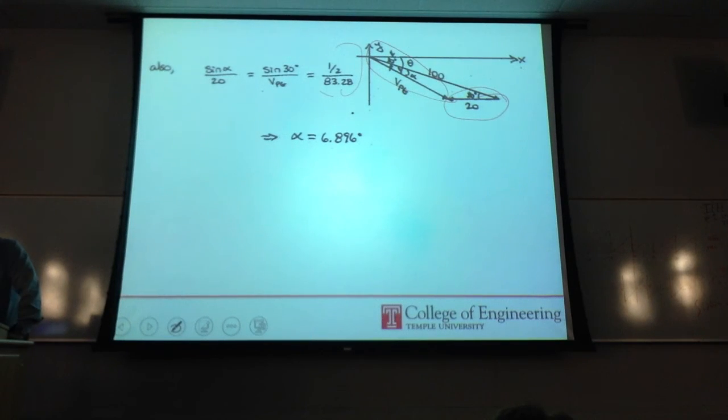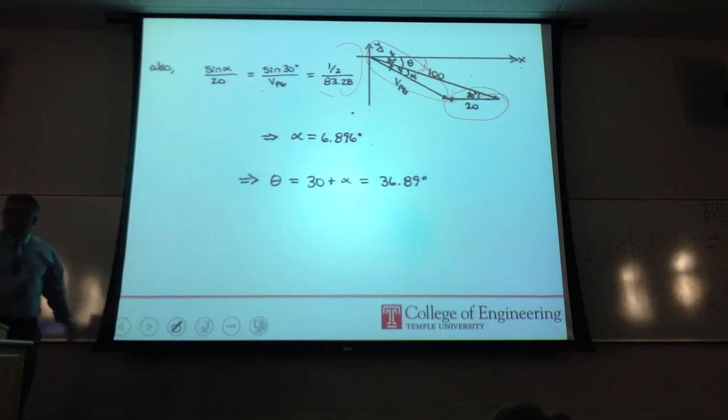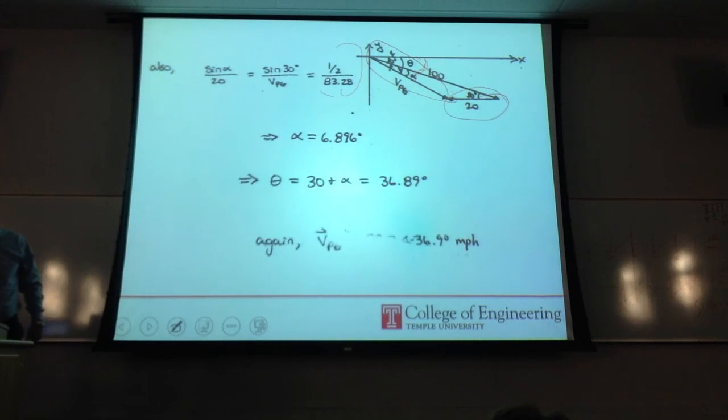Once we find alpha, we add it to that 30 degrees, and that's what your angle would be. Do you see this? So I use the vector system, I'm using the trig system, and I'm coming up with the same answer. Okay?